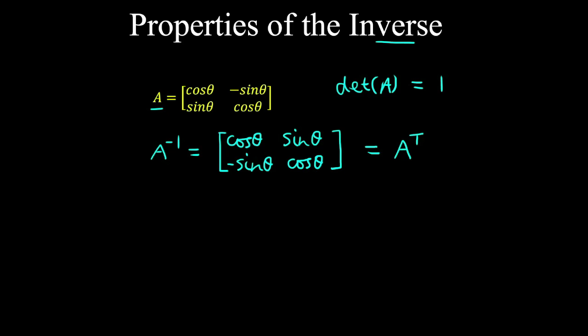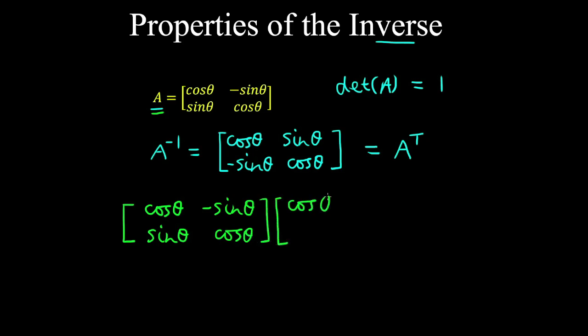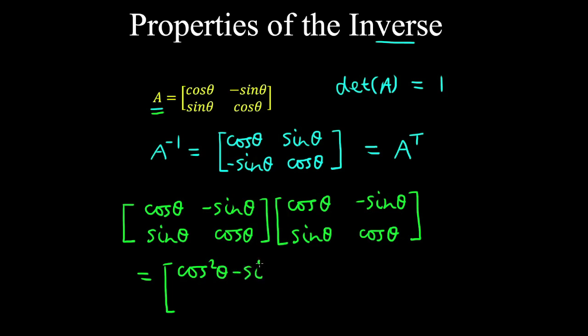Now the product of orthogonal matrices is also orthogonal. So for example, if we take the product of A with itself, we get cosine squared theta minus sine squared theta, and minus sine theta cosine theta minus sine theta cosine theta is minus 2 sine theta cosine theta.